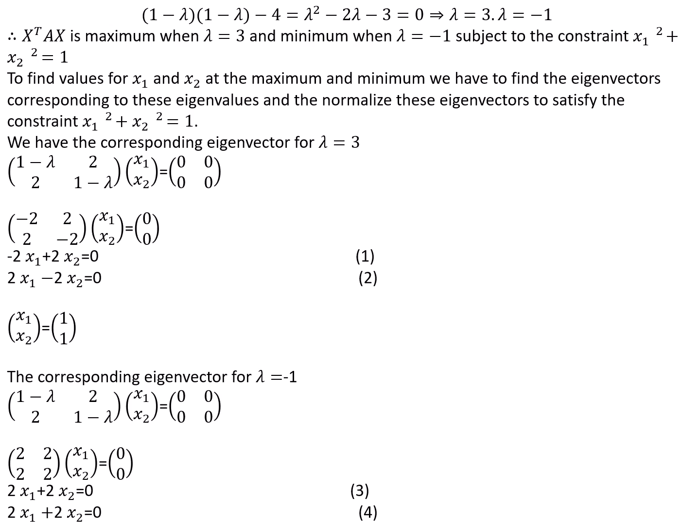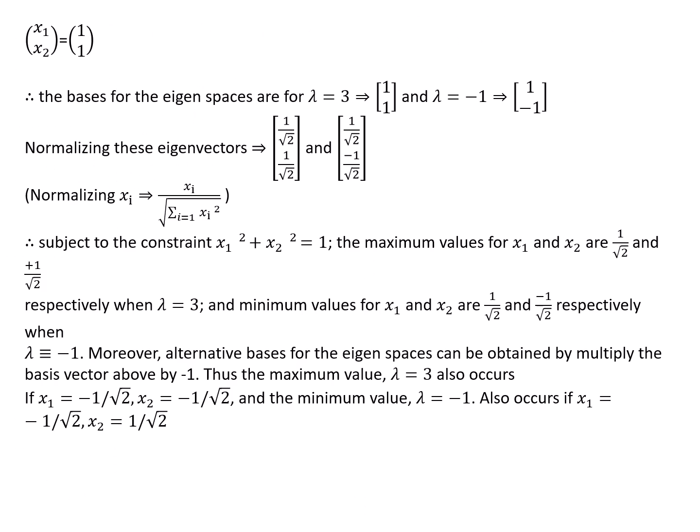When you solve these equations, you will have the values for x1 and x2, which is 1 and minus 1. So the basis for the eigenspace for lambda equals 3 is given as 1, 1. Then for lambda equals minus 1, you have 1, minus 1.